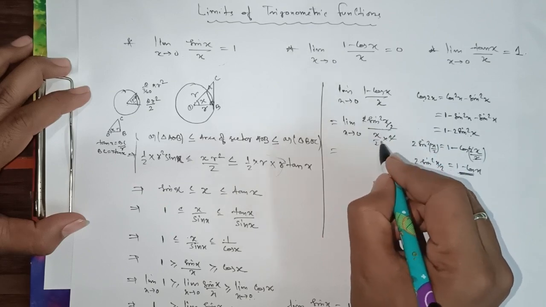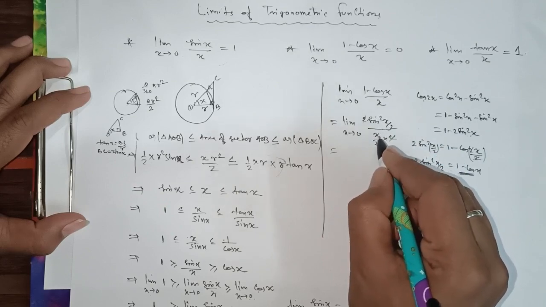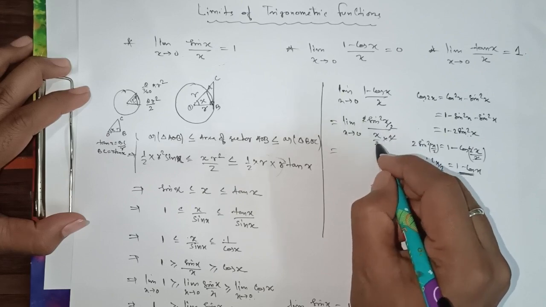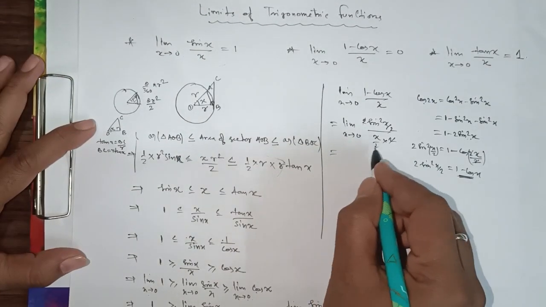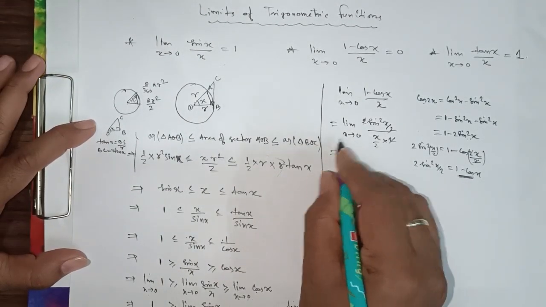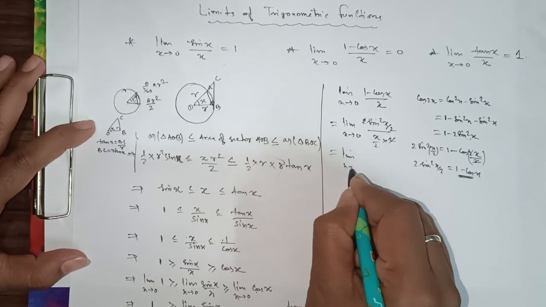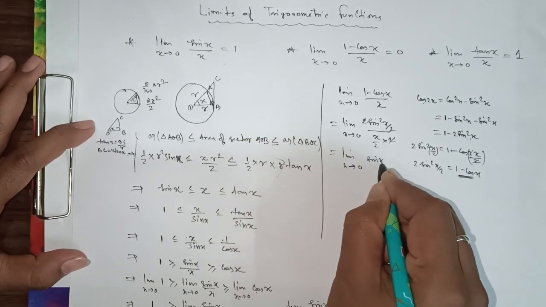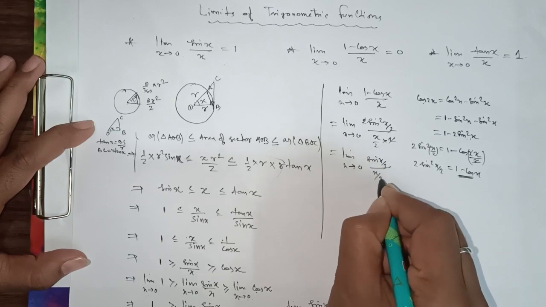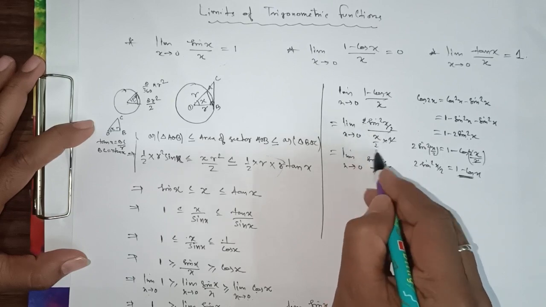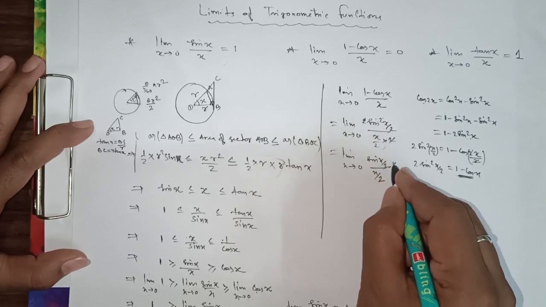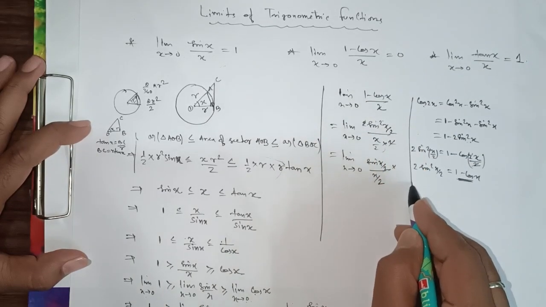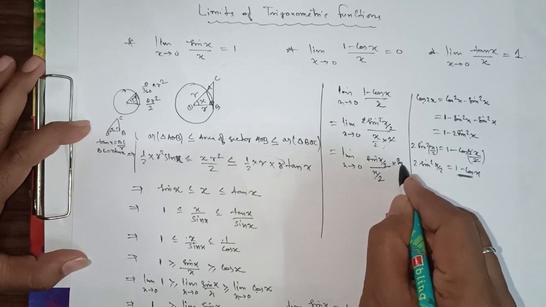So we'll break it here like limit x tends to 0. We can write sin (x by 2) by (x by 2), times sin (x by 2) to cancel this x by 2. Sin square (x by 2) is there, that means we can write it as 2 times, that is sin (x by 2).